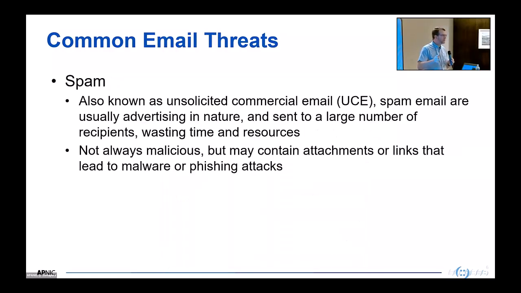Next one, spam. Spam is separate to phishing. Spam is UCE, or unsolicited commercial email. It's very important to go back to the strict definition. A lot of people will take any email that they receive that they don't want and they'll call it spam. So this might even be a mailing list that they are legitimately signed up to, but they'll report it as spam because they don't like it at that point in time.